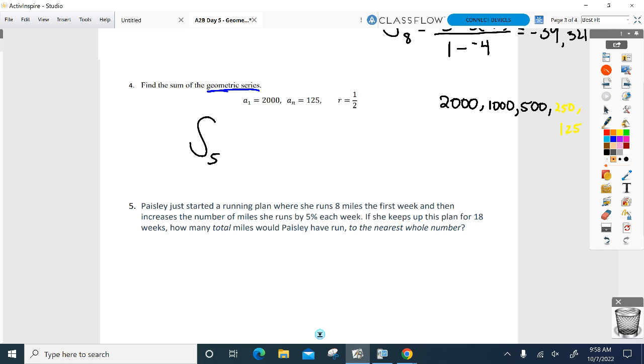So we're adding up 5 terms, and everything else here should be smooth sailing now. 2,000 is the first term, minus 2,000 times a half. What am I raising the half to? 5. How many terms are we adding? We just wrote them all out. 5 of them. 1 minus a half.